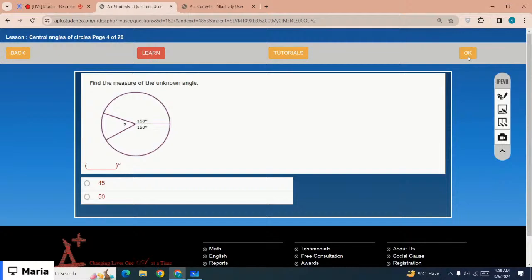The correct option is 50 degrees, right? Option number 2 is the correct option.